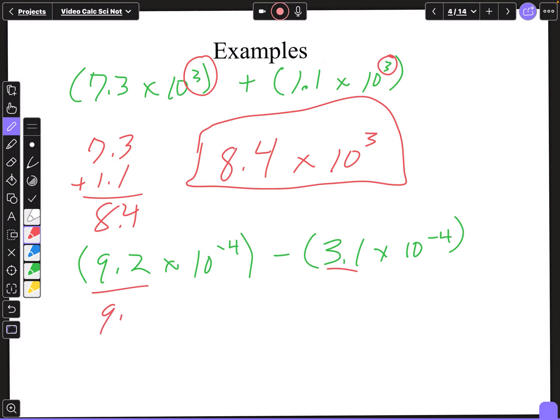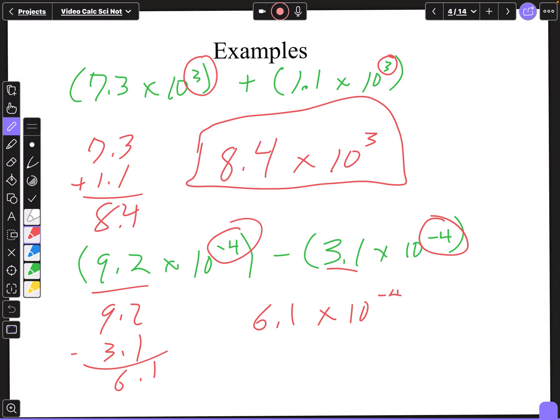So that would be 9.2 minus 3.1. That would give you 6.1. So it would be 6.1 times 10 to the, our exponents are both negative 4. Since they're both negative 4, our exponent is going to stay the same. So that would be times 10 to the negative fourth.